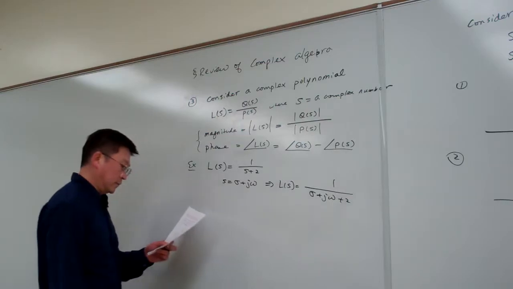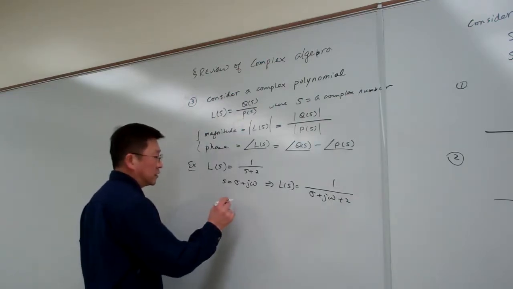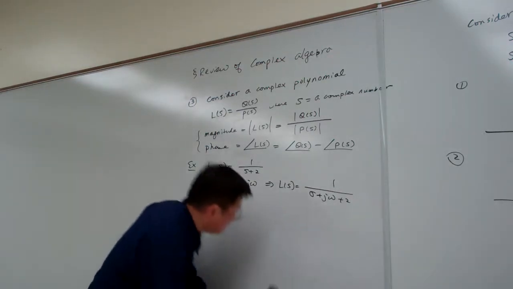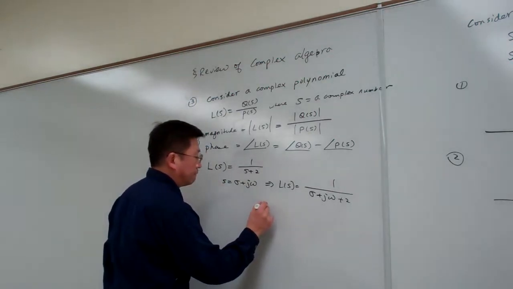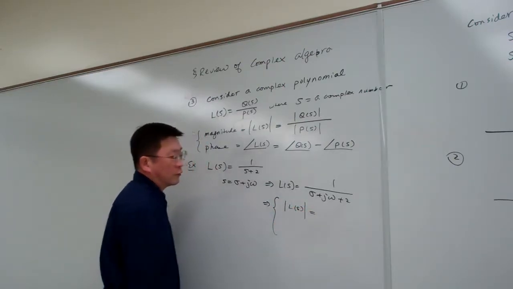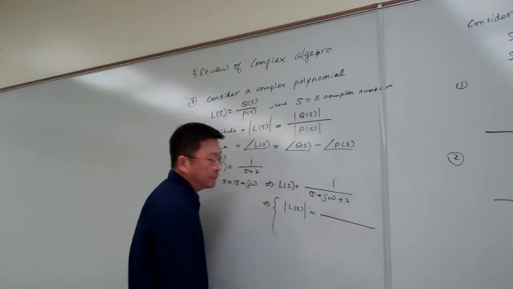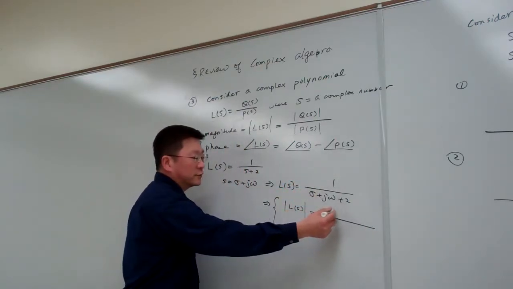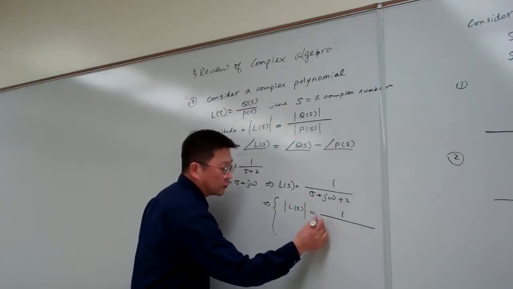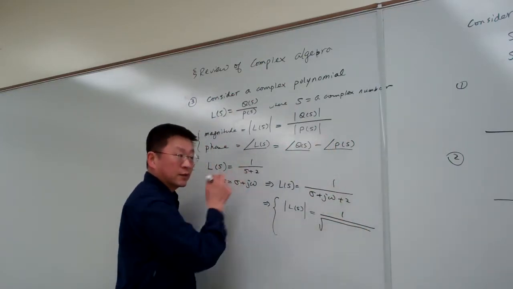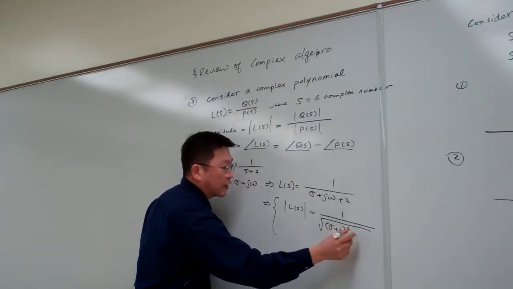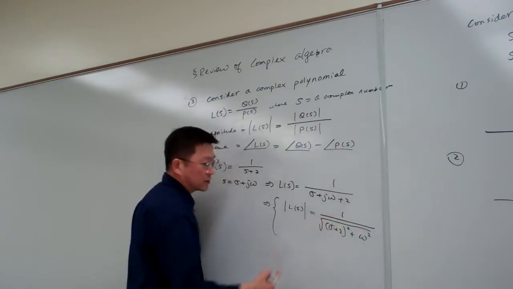The magnitude is equal to the magnitude of the numerator, which is easy, equal to 1, divided by the magnitude of the denominator: we plug in the first property, the real part squared plus the imaginary part squared, and take the square root.